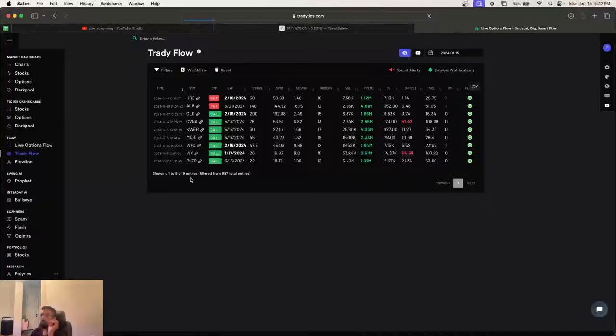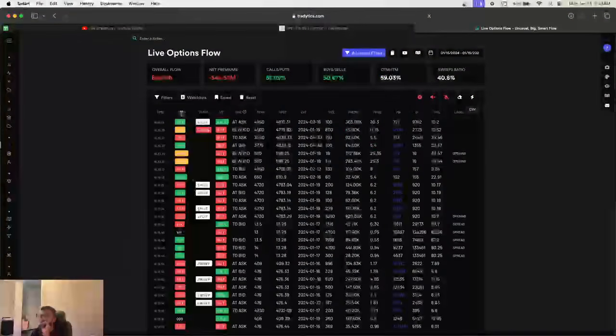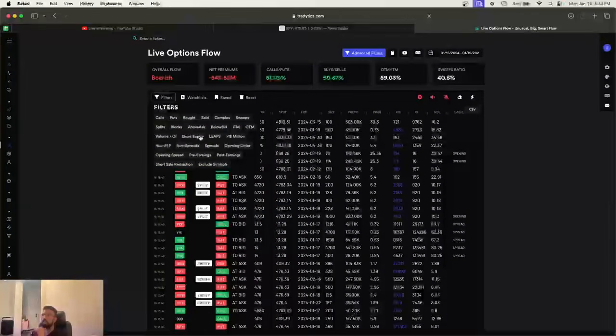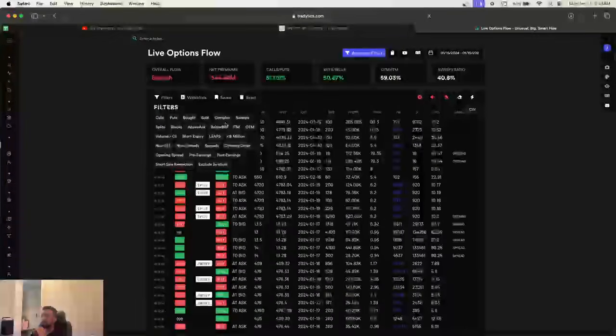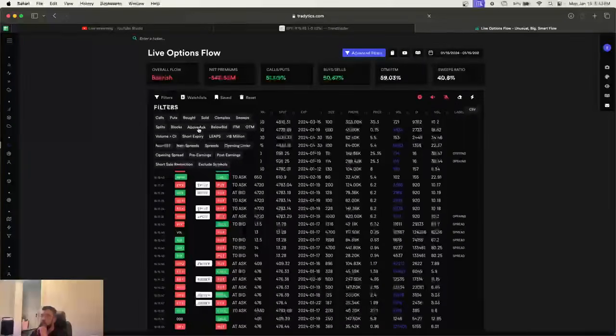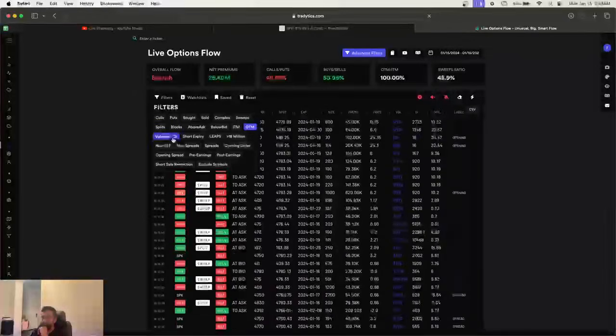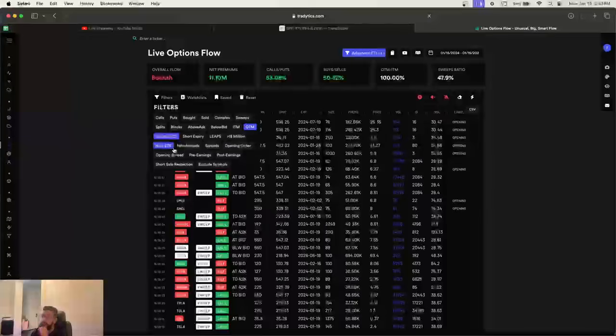Last but not the least, I want to talk a little bit about the filters that I use on the live options flow. This is not what I use per se. I have my own tool that I use the filters for, but this is something that I do use. I do out of the money, I do volume greater than OI, I do sweeps. Non-ETFs is an important one.